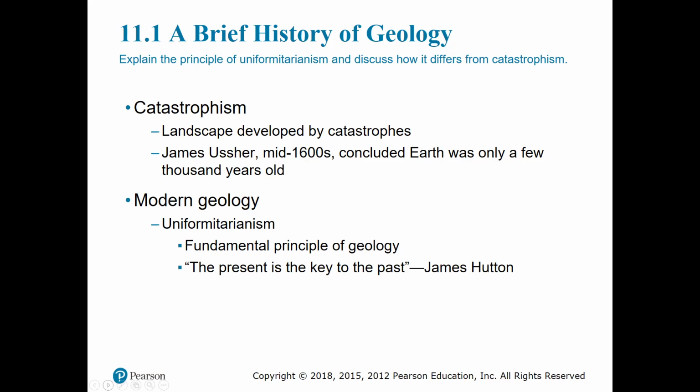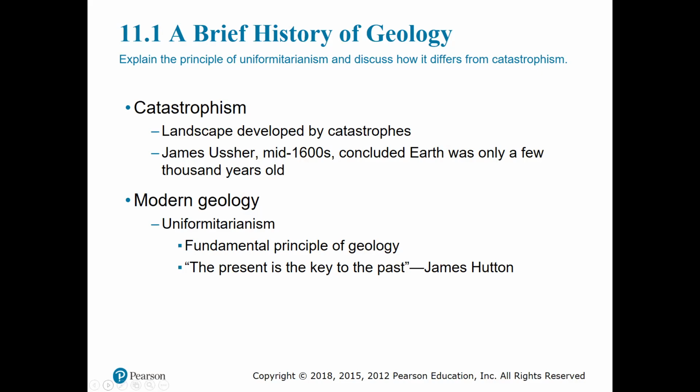And as we saw in the last unit, we know that we have forces that act upon and within the earth that contribute to landforms and land masses and the appearance of topography.